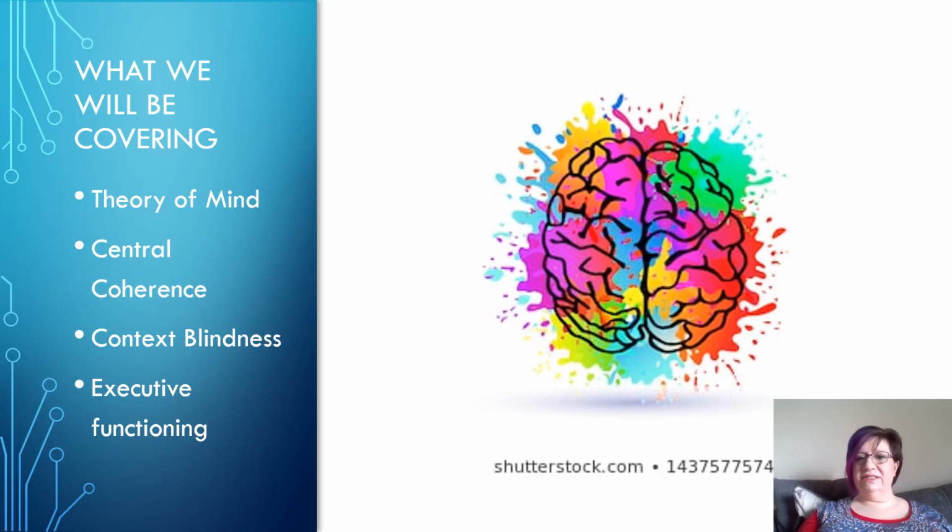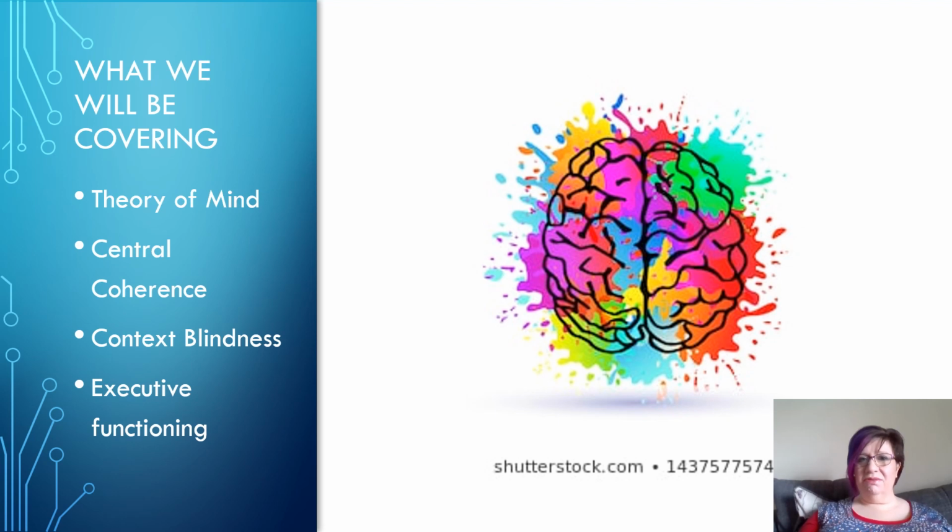So, what are the things that make up flexibility of thought? If you look at the diagram on the right, there is no two children that have got the same brain patterns. All of our children have different issues and different problems. But what we can see in neurodevelopmental conditions is that they have problems with what's known as theory of mind, what's known as central coherence, what's known as context blindness, and what's known as executive functioning.